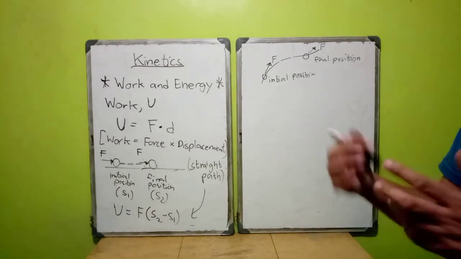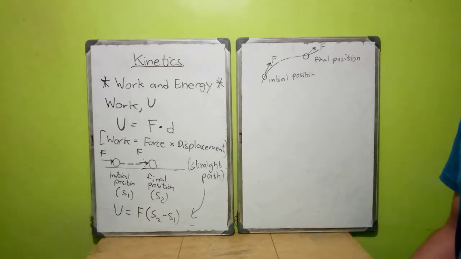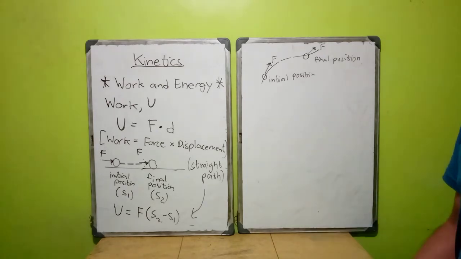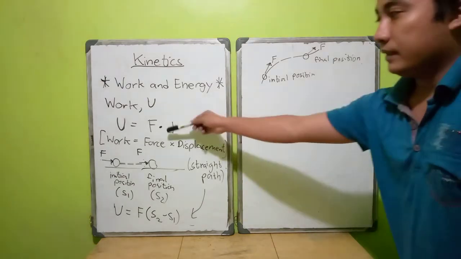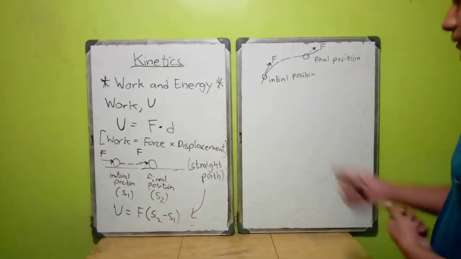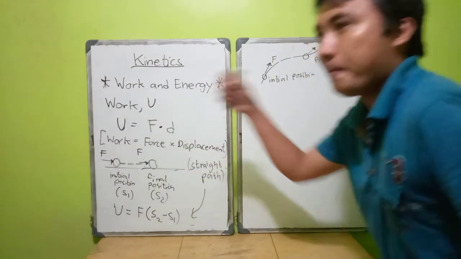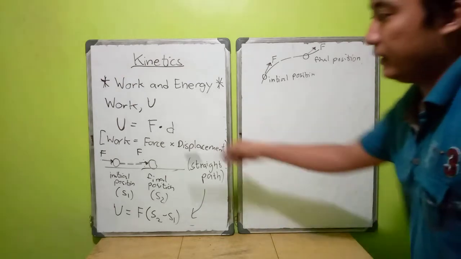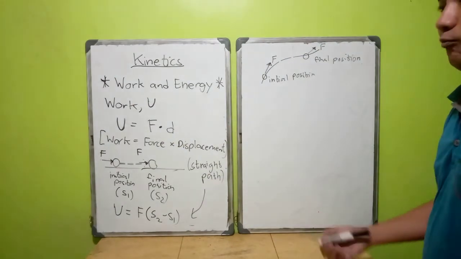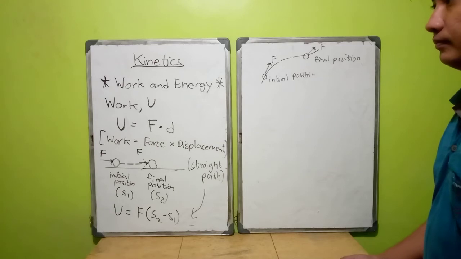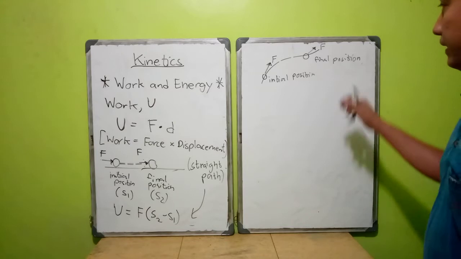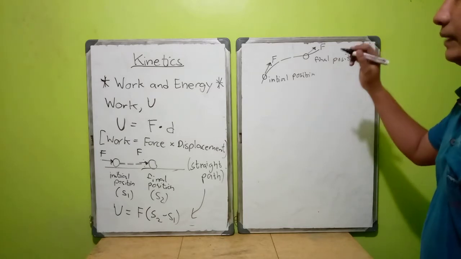So in reality, if a body is moving at a perfectly constant speed, there is no acceleration, therefore there is no work. This is actually a dot multiplication.